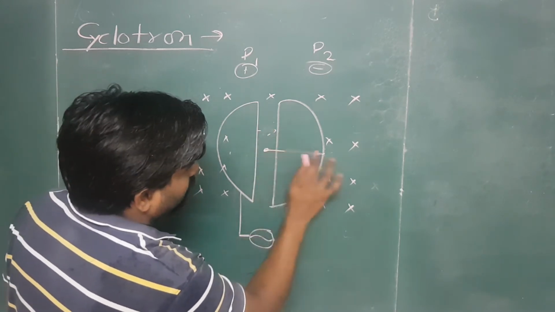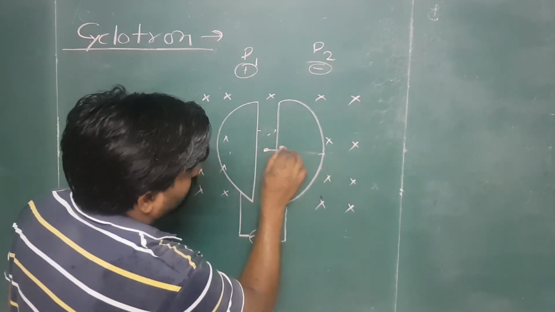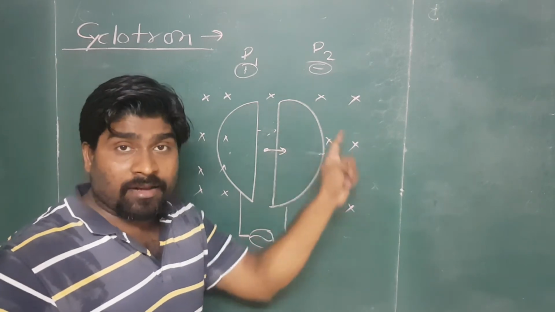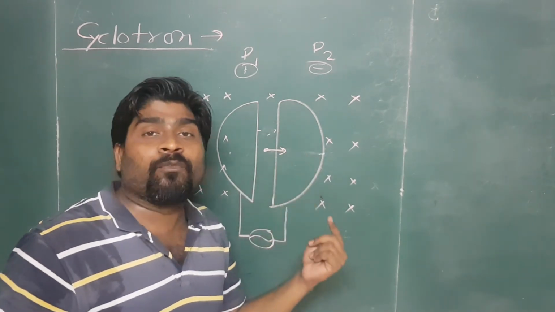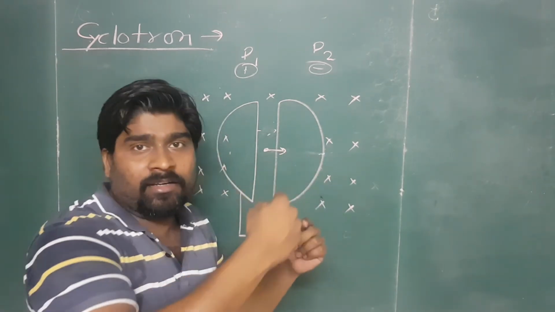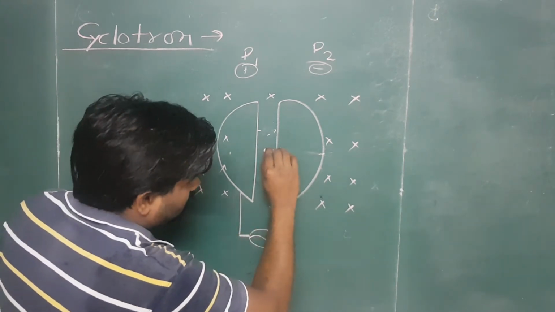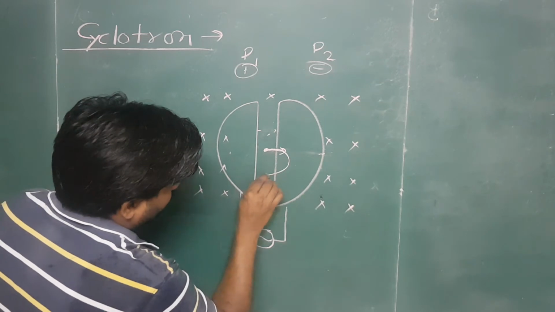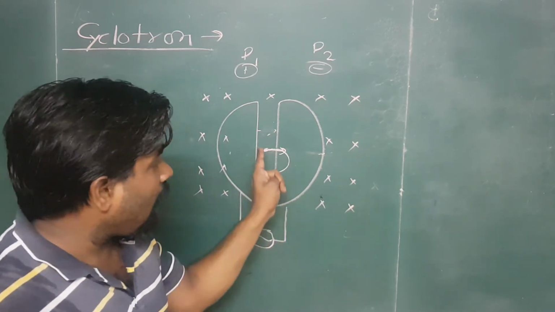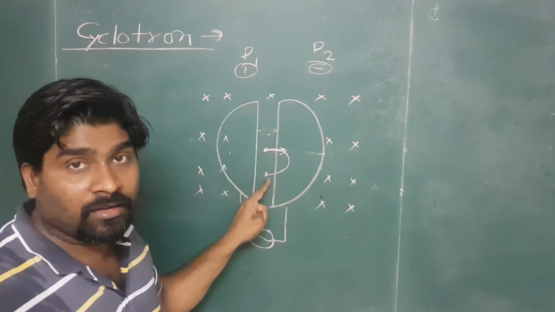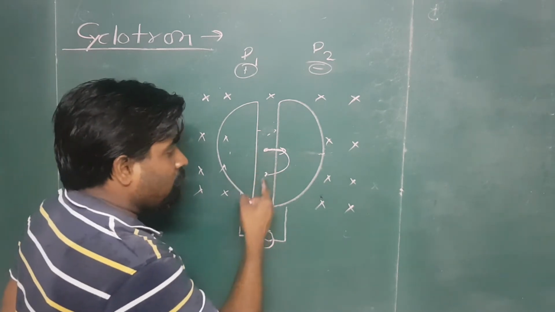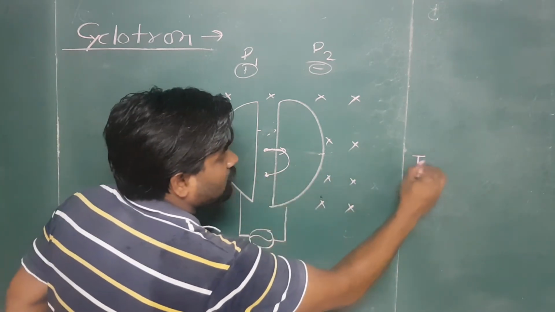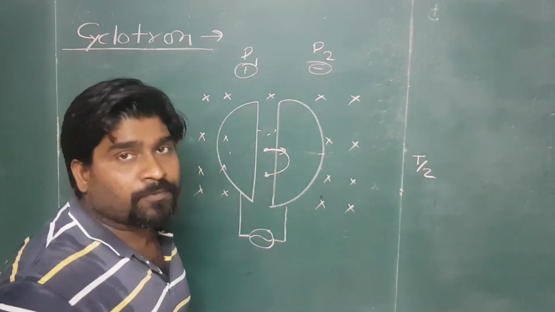So it tries to move here, but what will happen? We know the magnetic field is here also, and the magnetic field will rotate it. So it rotates in this direction and comes here again. So you can see the half rotation of the charged particle, right? And the time taken by the charged particle would be T by 2, half time period.